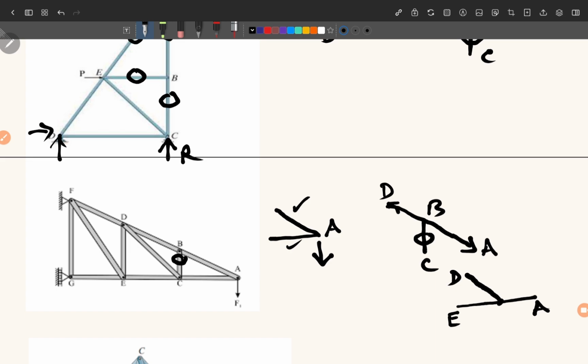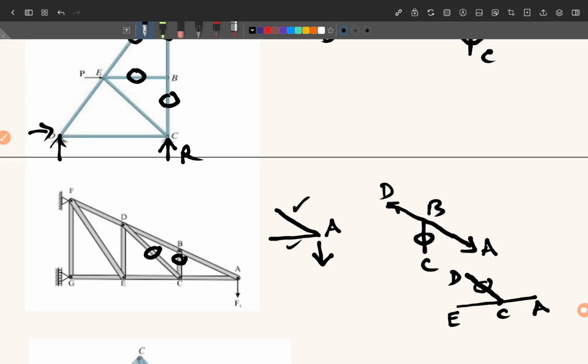Now again we can apply the same rule that there are three forces, two of them are collinear, therefore the third force, which is CD, will be 0. So CD becomes 0. And you can say that CA and CE will be equal and opposite. Similarly, BA and BD will be equal and opposite.